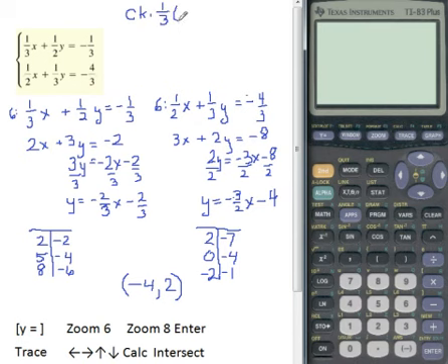1/3 times negative 4 plus 1/2 times 2 equals, and it should equal negative 0.3333, repeating threes, which is negative 1/3. Let's see if it does.